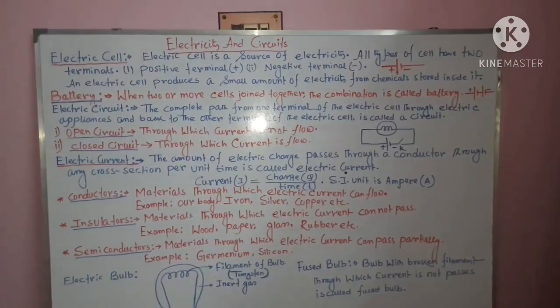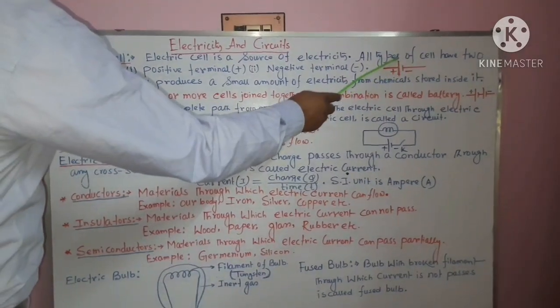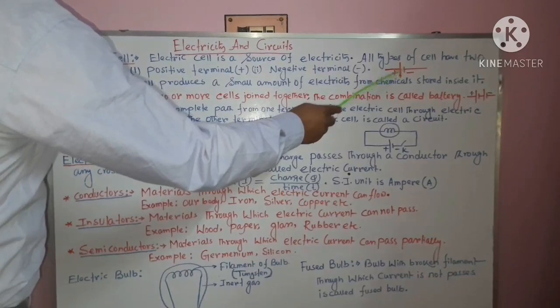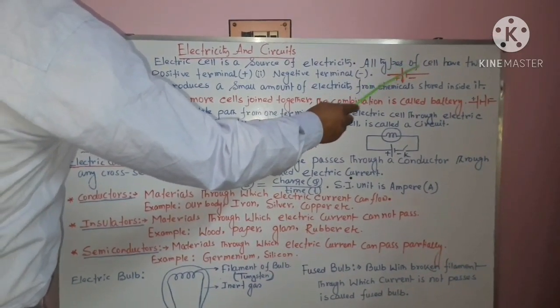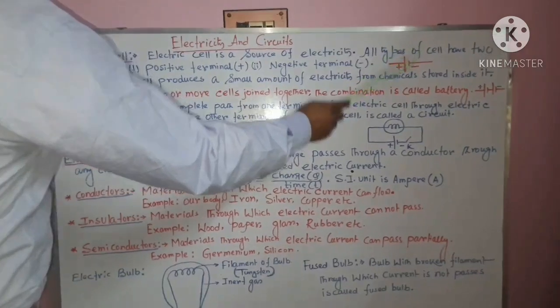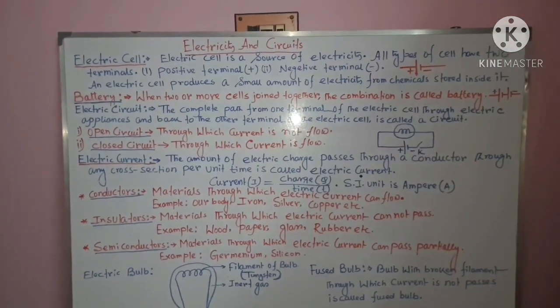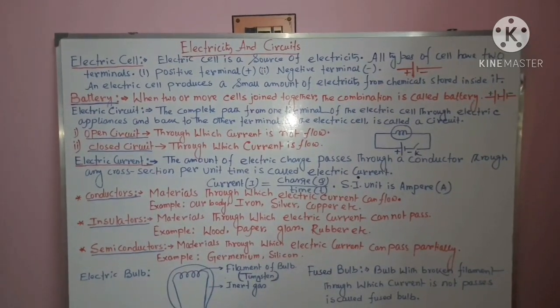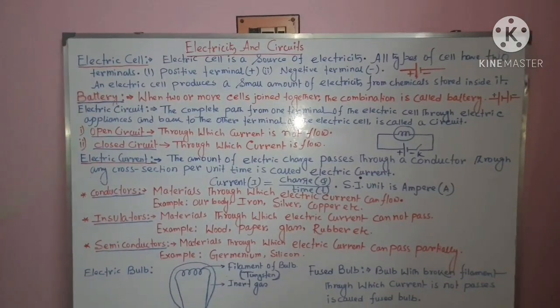The symbolical representation of a cell is this, where the longer side represents the positive terminal and the shorter side represents the negative terminal of the cell. Now student, you have to know how electricity is produced in the electric cell.